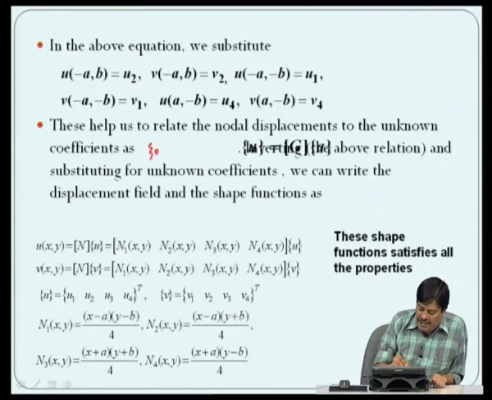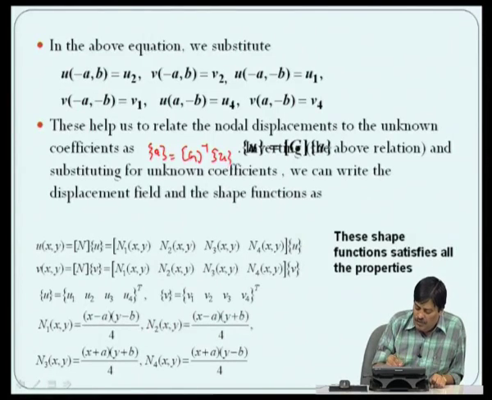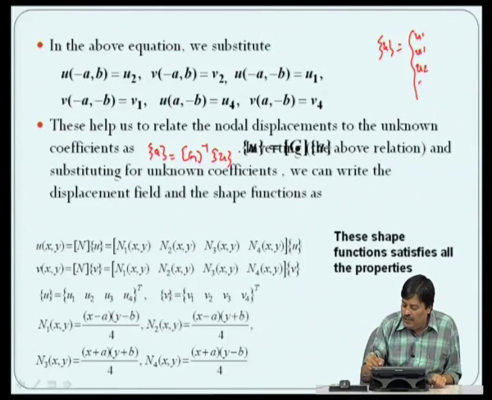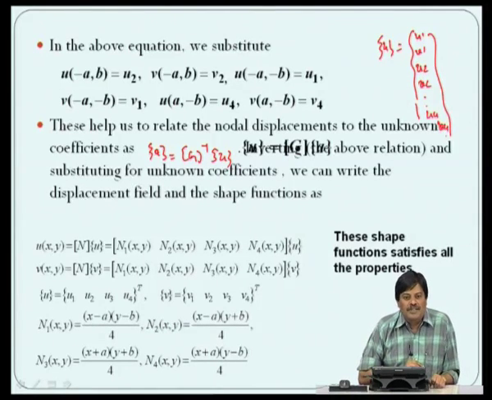We can write a equal to G inverse into u, where my u will be a vector u1 v1 u2 v2 to u4 v4. So, this is the vector of my displacements.